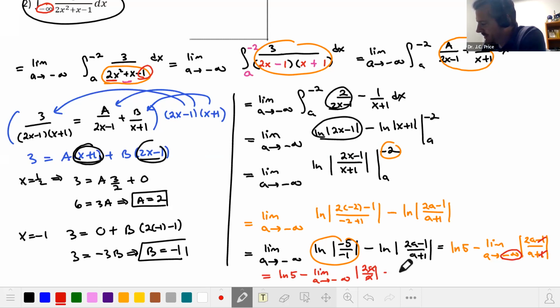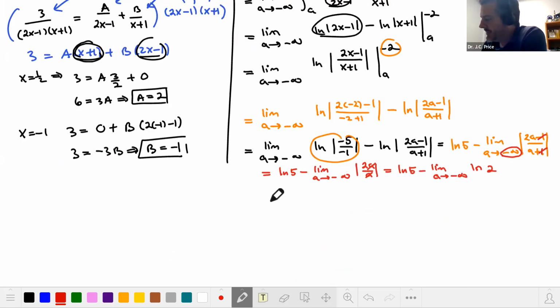So this is going to be equal to ln of 5 minus the limit as a goes to negative infinity of ln of 2 left over. And of course, the limit of a constant is just a constant. And so what do we get? We get ln of 5 minus ln of 2, which of course is equal to ln of 5 over 2.